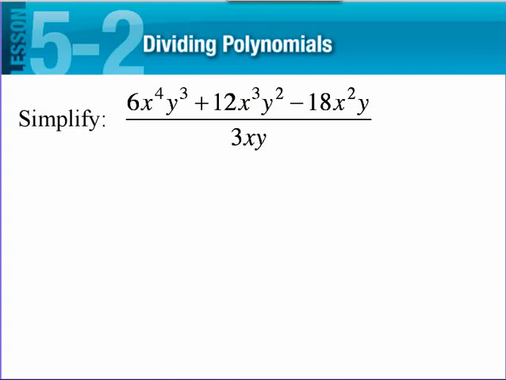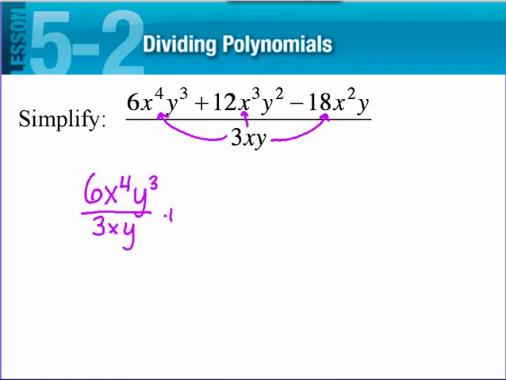It says simplify. Now, when we simplify polynomials, in this case we are dividing, we are going to divide each term by 3xy. I'm going to divide that term by 3xy, that term by 3xy, and this term by 3xy. I'm going to write these individually so that you can see how things are done.